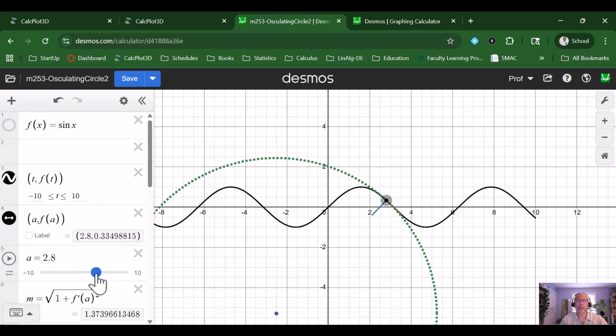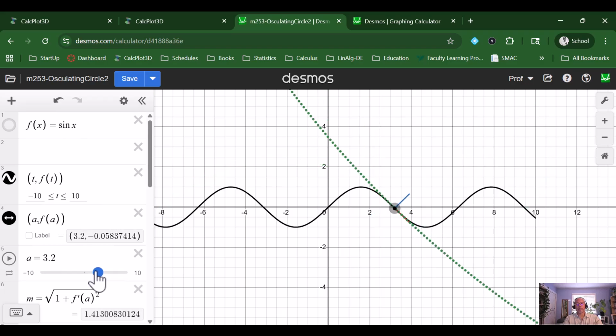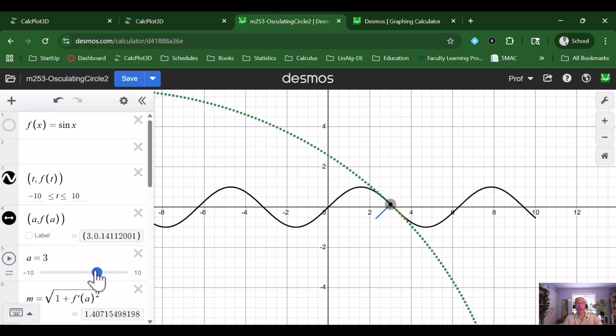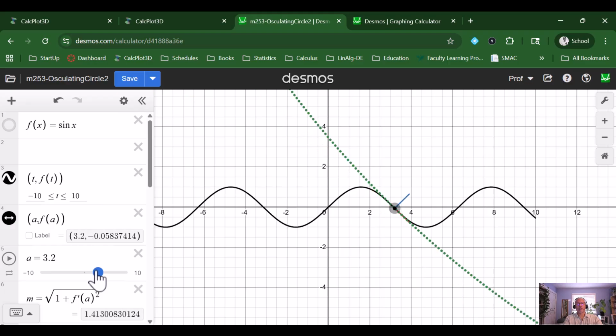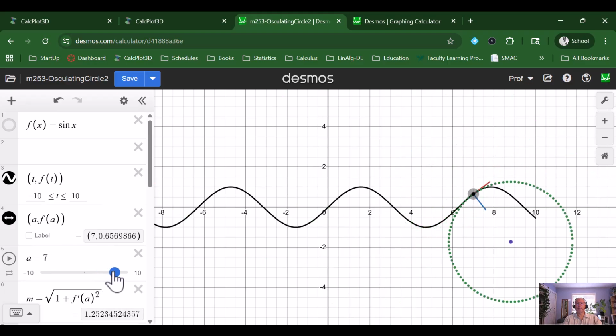Then at the inflection points, where it changes concavity, your normal vector switches sides, and at that point the curvature equals 0 and the radius of your osculating circle becomes infinite. So it switches off and makes a circle on the other side of the graph. You can see that happening here.